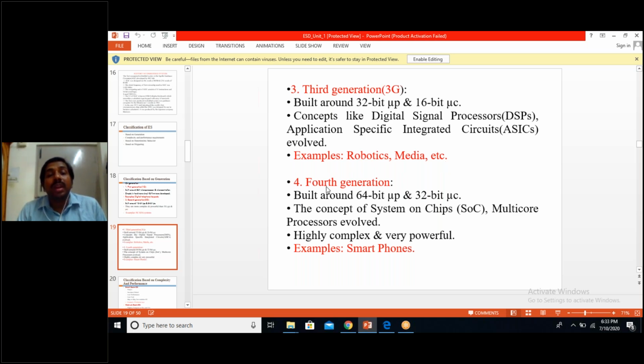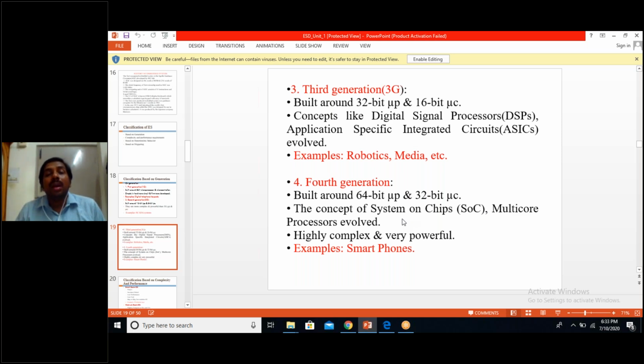The next one is the fourth generation. These are built around 64-bit microprocessors and 32-bit microcontrollers, and other than microprocessors, we are using system on chip and multiprocessors, so dual core, quad core.